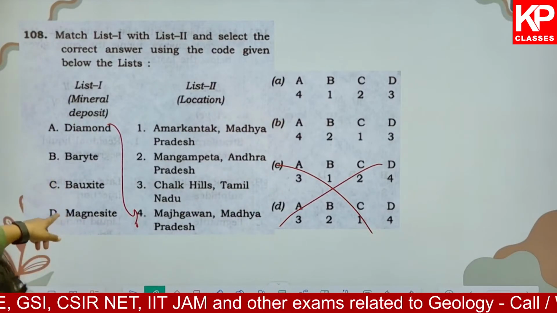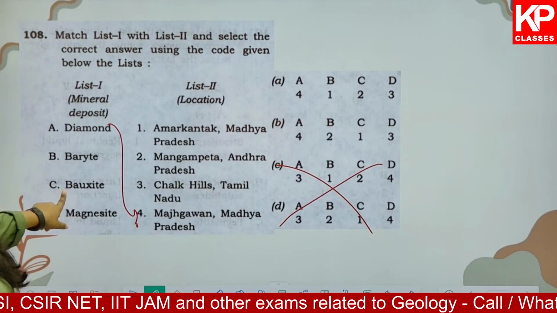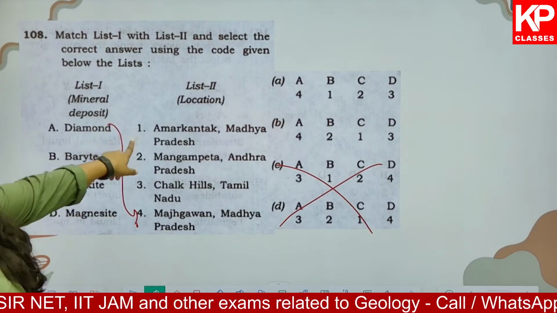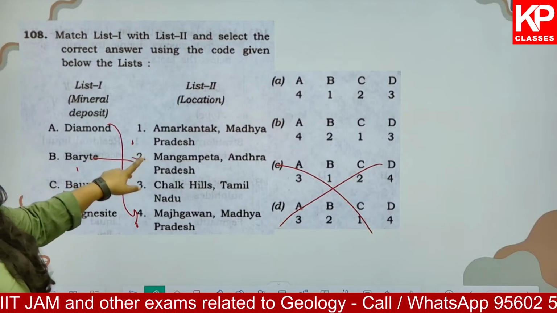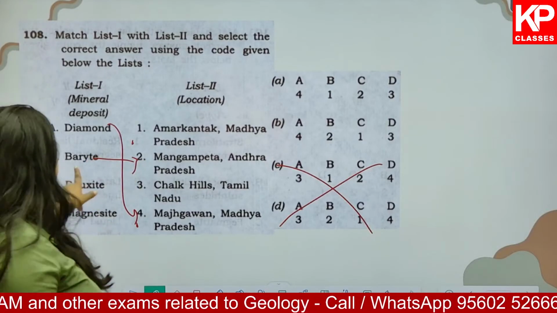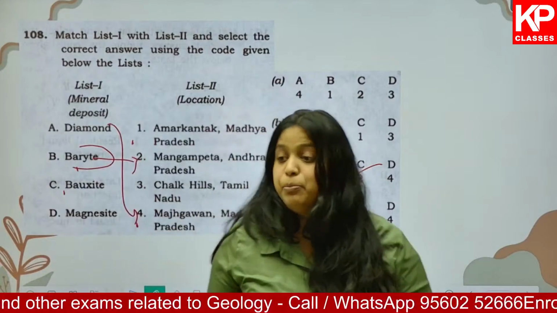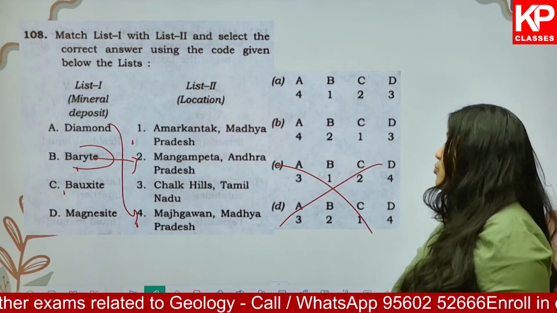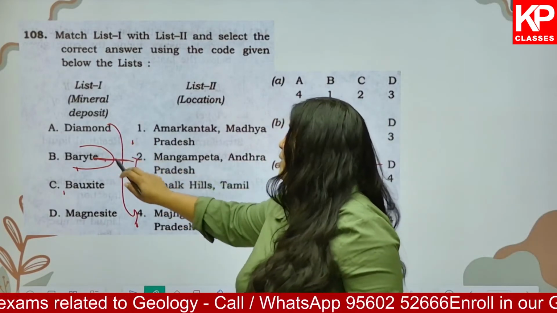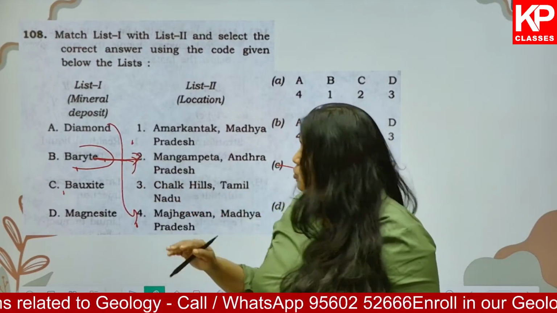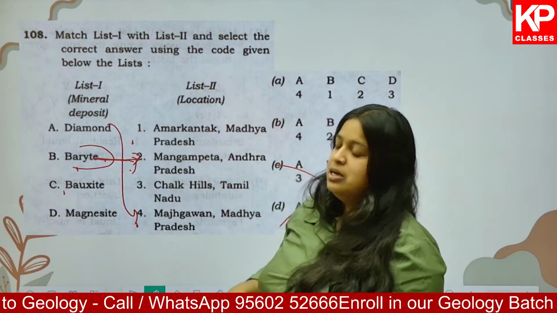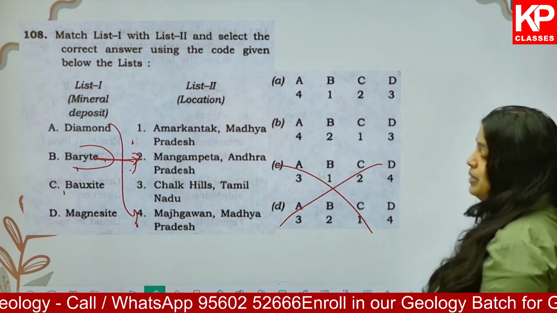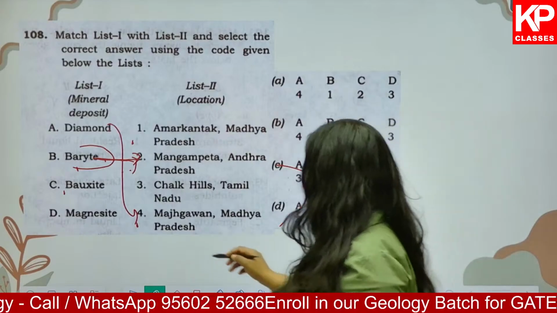If you know about bauxite, bauxite is associated with Amarkantak, Madhya Pradesh, and barite is associated with Mangampeta, Andhra Pradesh. This barite deposition in Mangampeta is a very important deposition. So these A and B should be known, everybody should know A. B is also a very common term, barite deposition in Mangampeta, Andhra Pradesh.